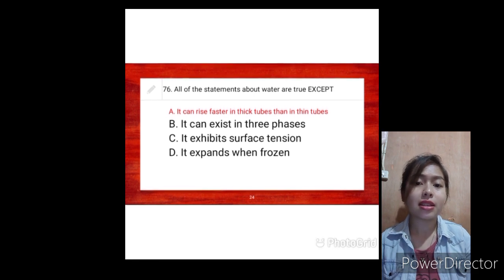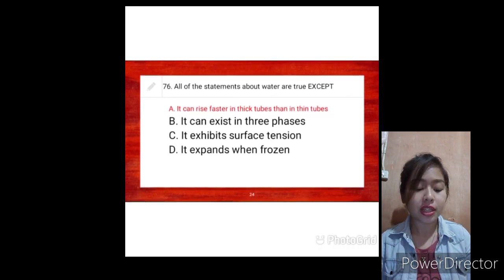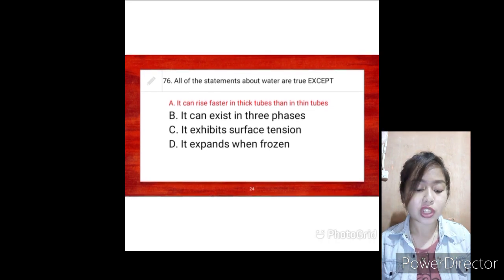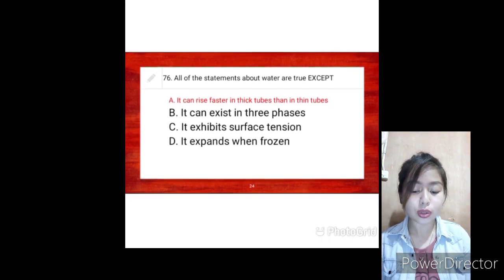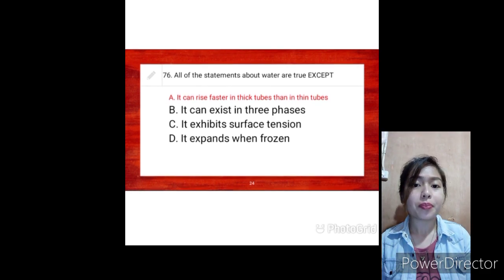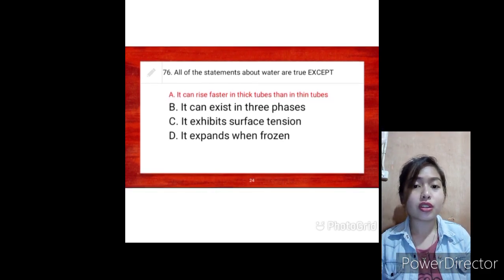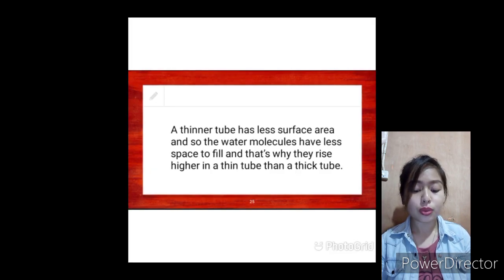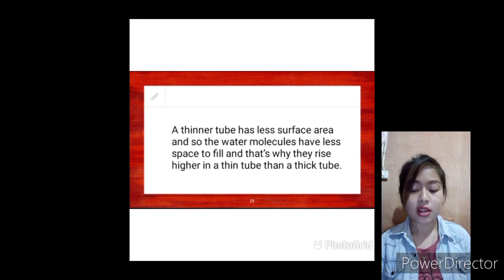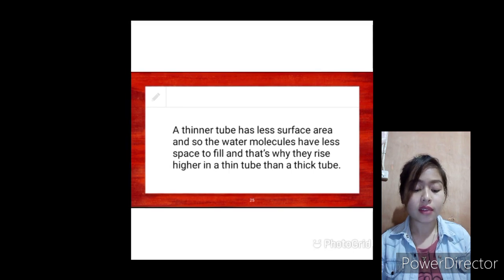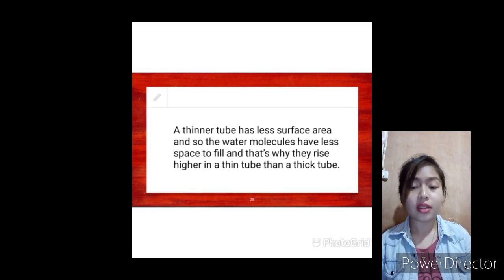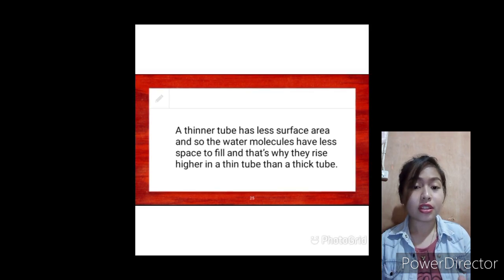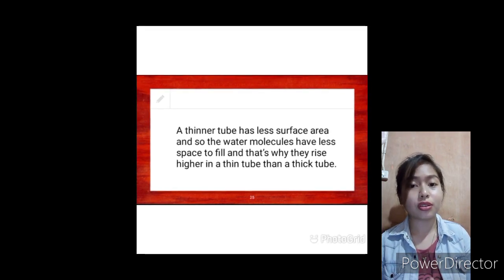My answer for this is letter A, which is a false statement about water, that it can rise faster in thick tubes than in thin tubes, because the true statement about water is that a thinner tube has less surface area, and so the water molecules have less space to fill, and that's why they rise higher in a thin tube than in a thicker tube.